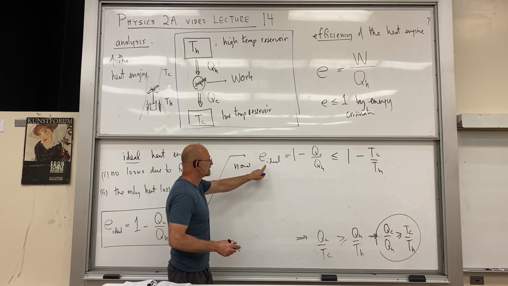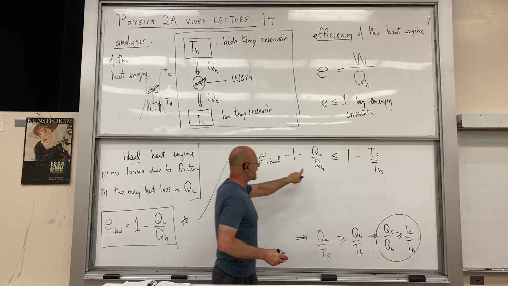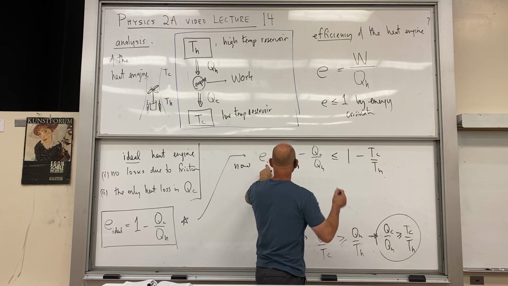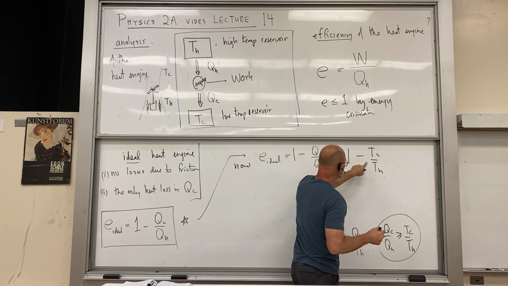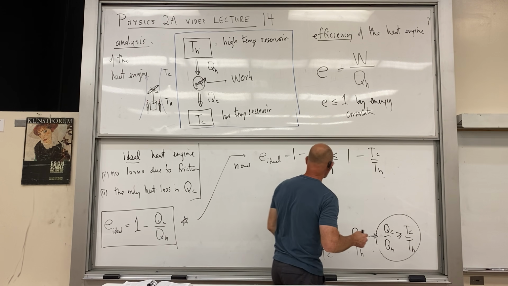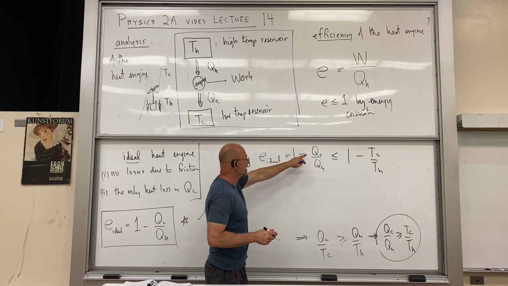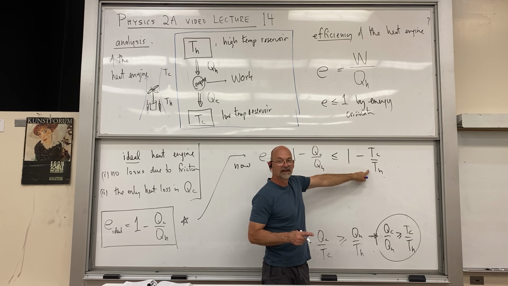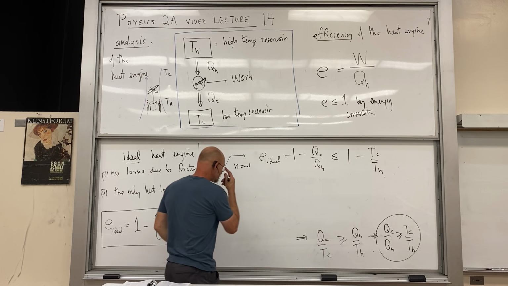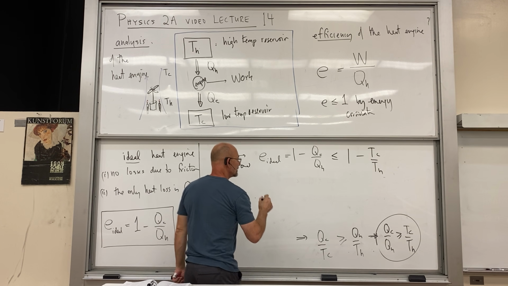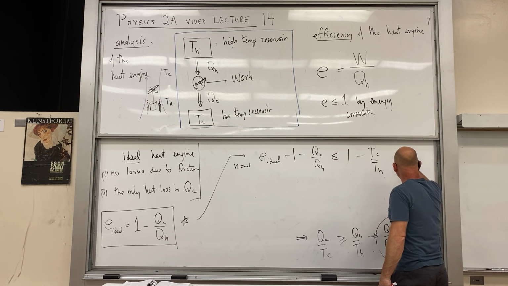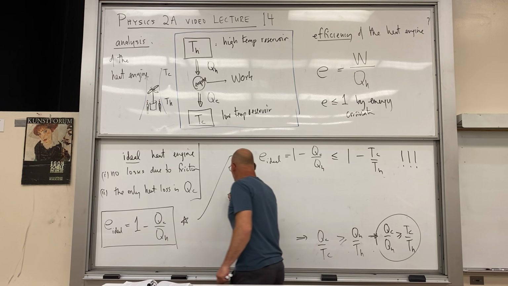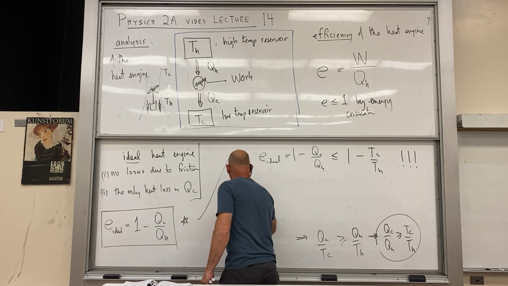So now we have an inequality for the ideal efficiency: it is less than or equal to 1 minus TC over TH. Now we're not talking about the energy quanta, we're talking about the temperatures at which the heat engine operates. Having obtained this, I'll put up some exclamation points to convince you that it's important. Let's define something called the Carnot efficiency.